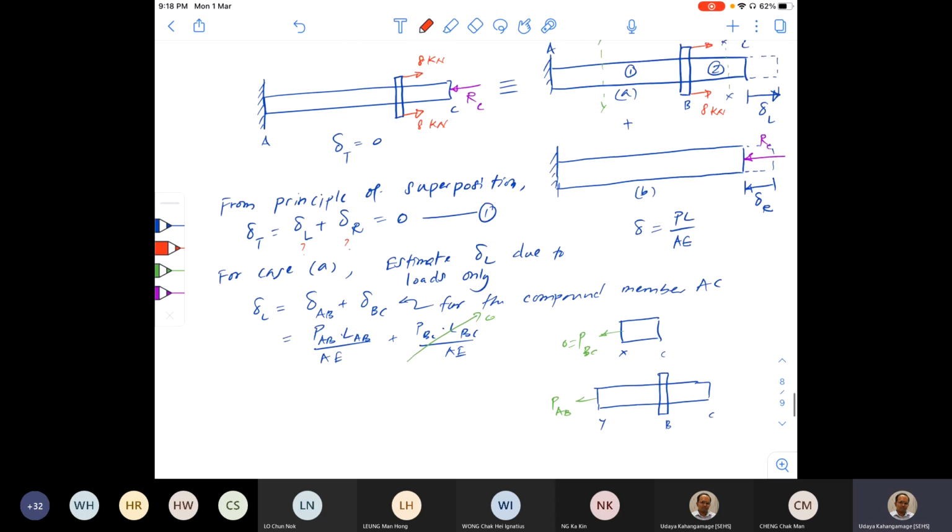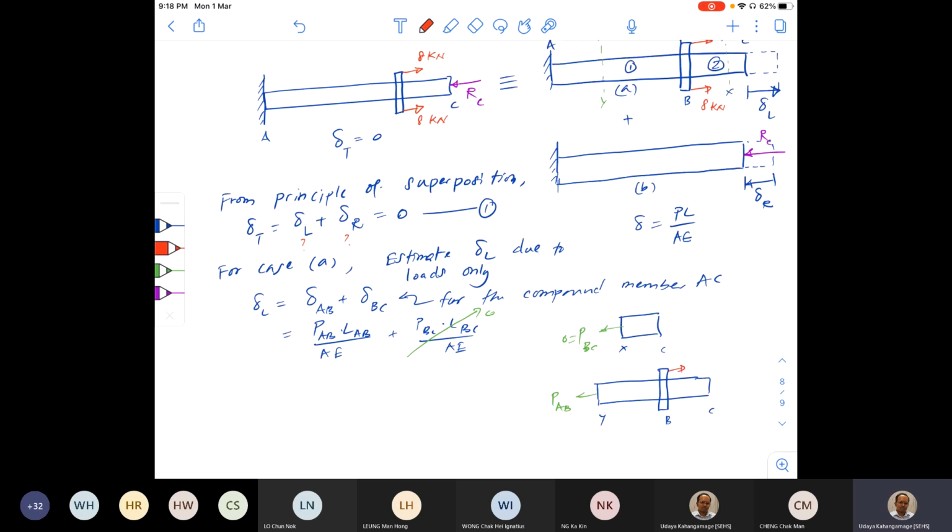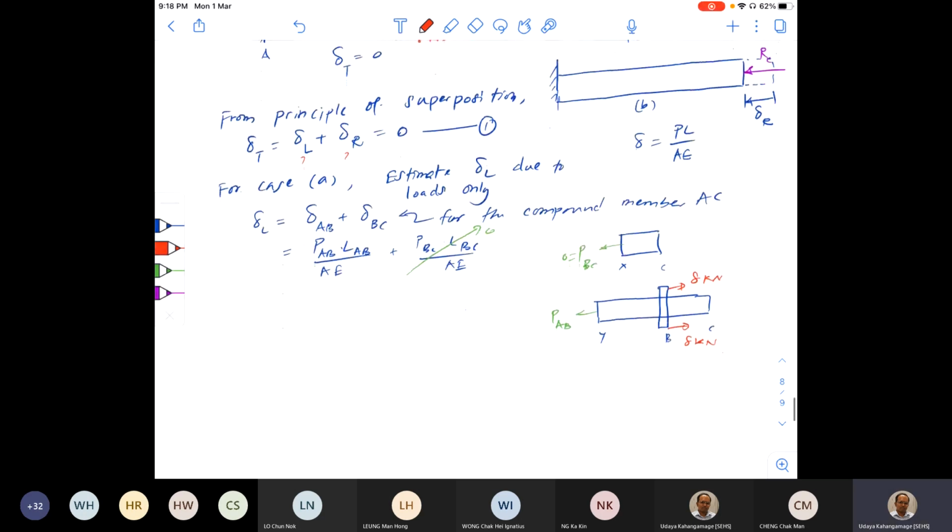And the external forces are 8 kilonewton each, right? So now you can find out PAB. By observation, you can write what it is, right? So PAB is equal to 16 kilonewton.